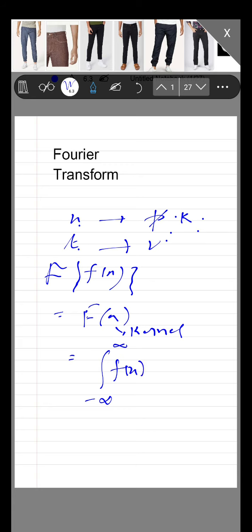Oh, sorry, this is actually not the kernel. This quantity that is being multiplied is introduced. This quantity is actually the kernel.